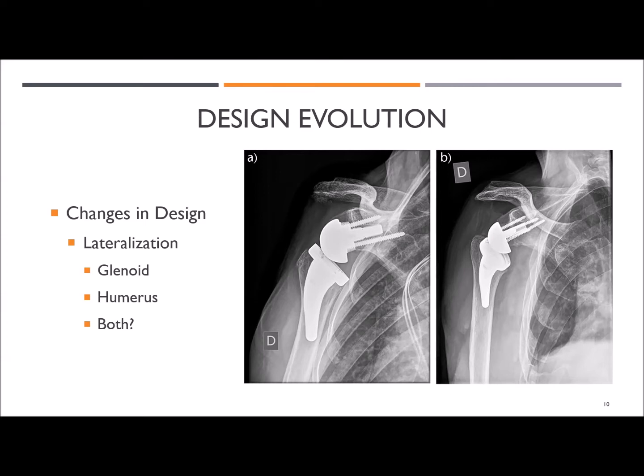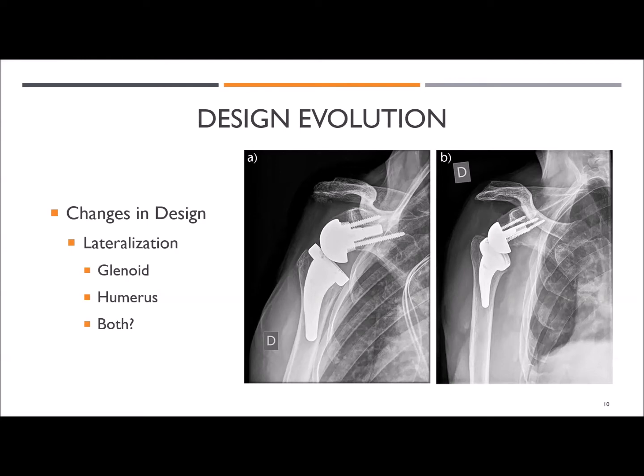Or you can do it by a bone block or bone graft. And on the B picture, on the right, you can see how it's lateralized based on a graft in that particular implant.